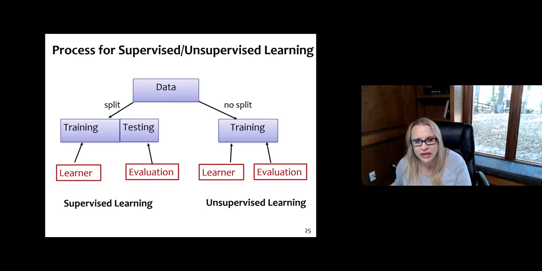But for unsupervised learning, again, because there is not a predetermined outcome you're trying to predict, you really don't need to split your data. You just fit it on the entire data set, and there is not any splitting. Then you are fitting your model and evaluating your model using your training data set.